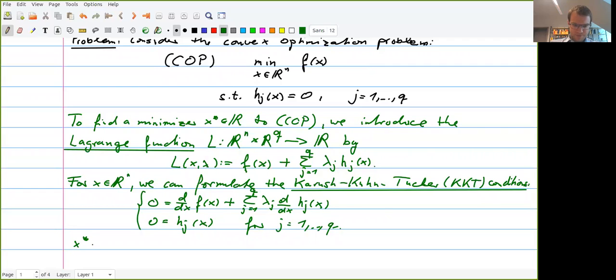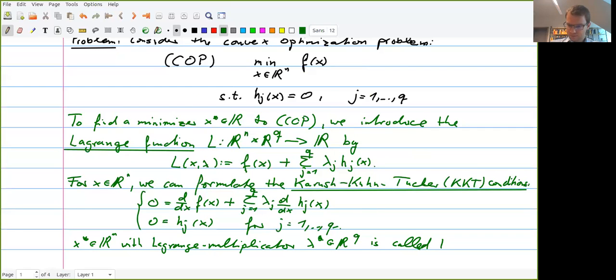So x star with Lagrange multiplier lambda star is called a Karush-Kuhn-Tucker point if the KKT conditions are fulfilled at this point.